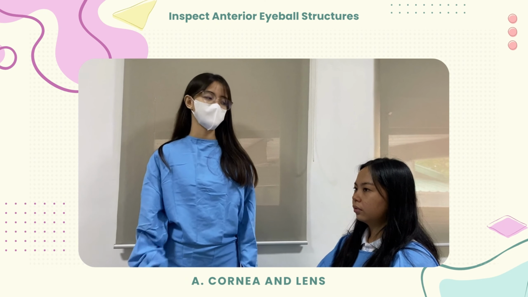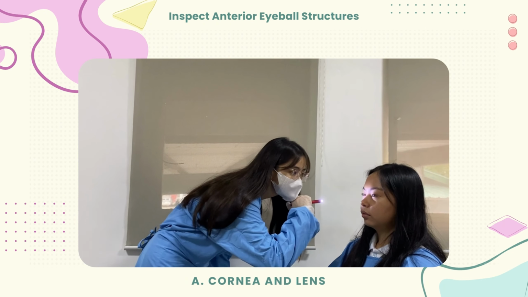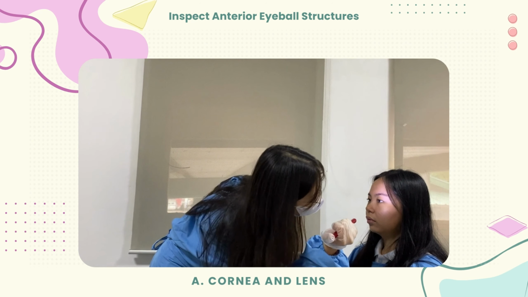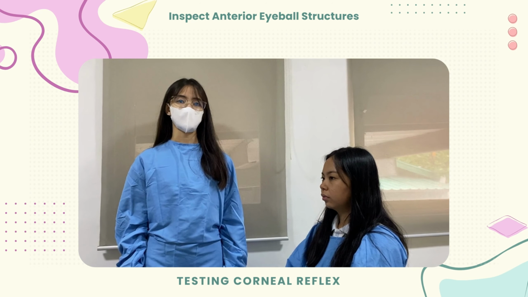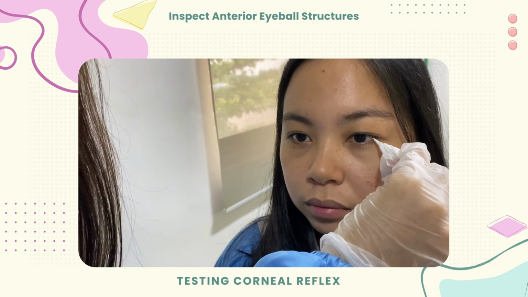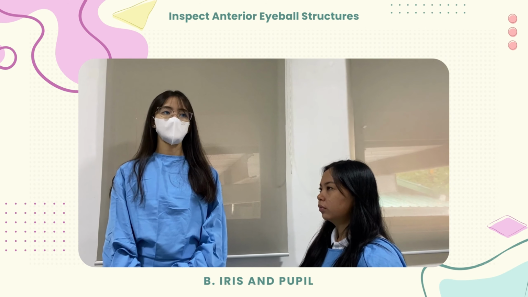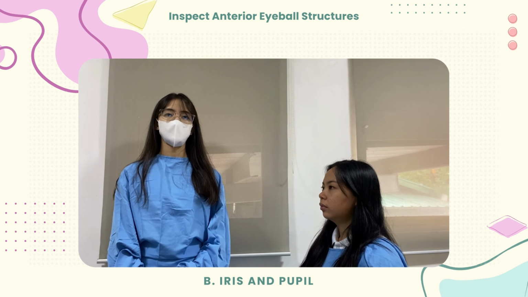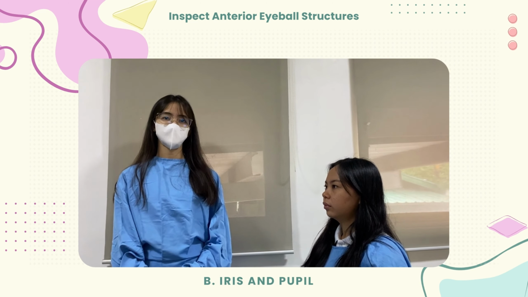Cornea and lens. Test the corneal reflex by lightly touching the cornea with a wisp of cotton. Iris and pupil. Note size, shape, and equality of the pupils.